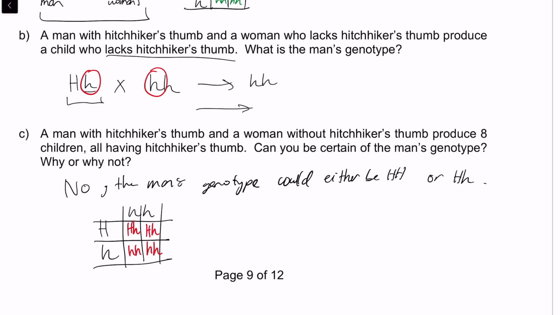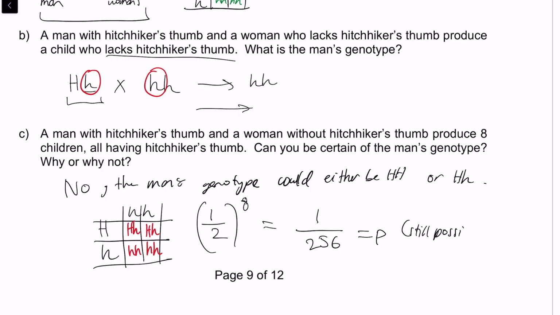Then, as we said, there's a half chance that each child they have as offspring will have hitchhiker's thumb. Okay, if all 8 of them will have hitchhiker's thumb, that's the probability of 1/256. Okay, but that is still possible.